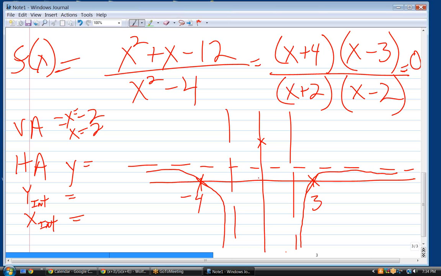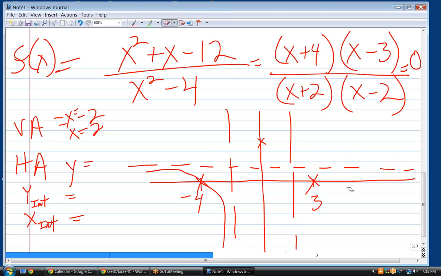Let's figure out if it crosses the horizontal asymptote, because my picture down below that horizontal asymptote might actually be wrong. In other words, it's theoretically possible for one of these things to do this, which is to come up, cross the horizontal asymptote, and then come back and approach it.